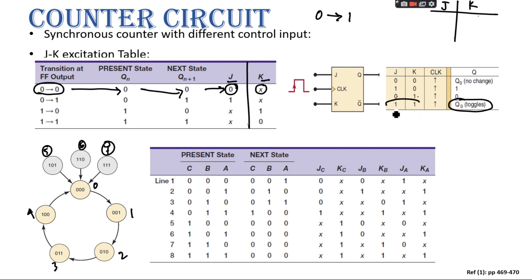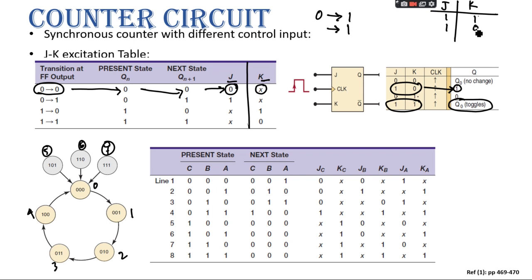For toggle mode, what should be the value of J and K? 1, 1, right? Yes, sir. Now, whatever is my previous state, if you always want to have the next state as 1, what should you do? You should have 1, 0, right? Yes, sir.